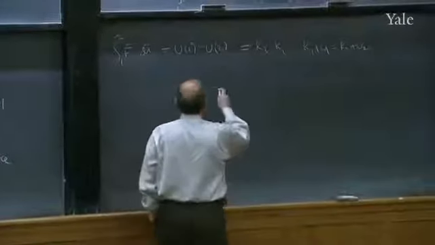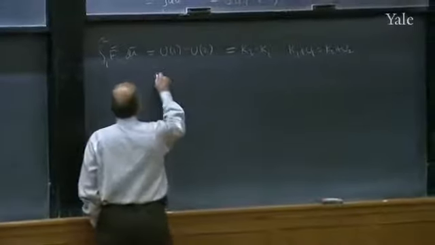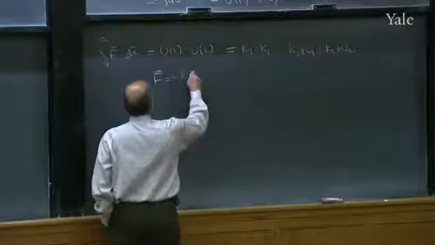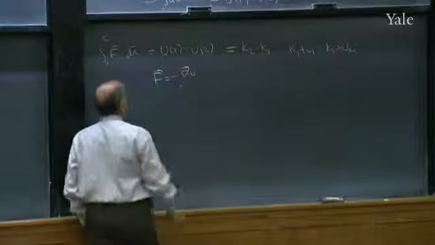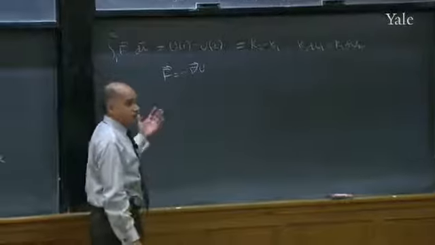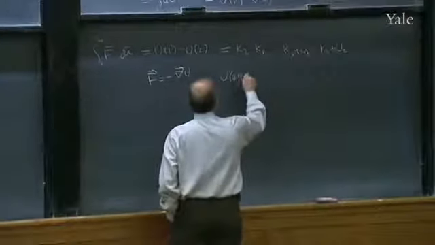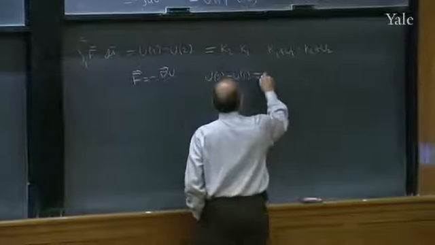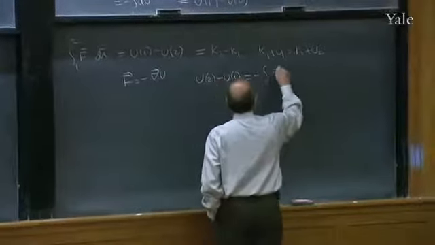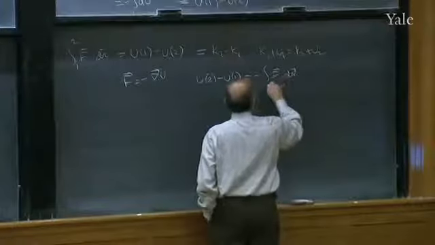So we can say it as follows. F is equal to minus the gradient of u. The gradient is a combination of i times the x derivative and j times the y derivative. And u at 2 minus u at 1 is minus the integral of f dot dr from 1 to 2.